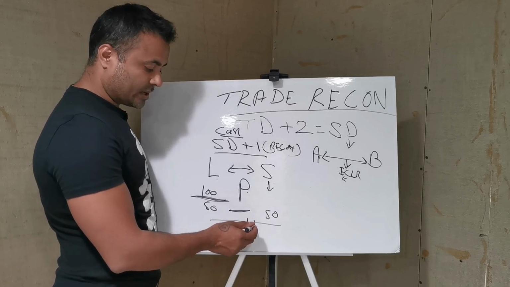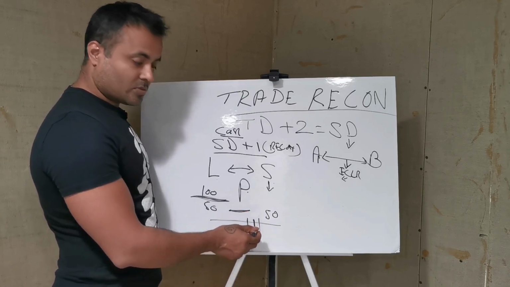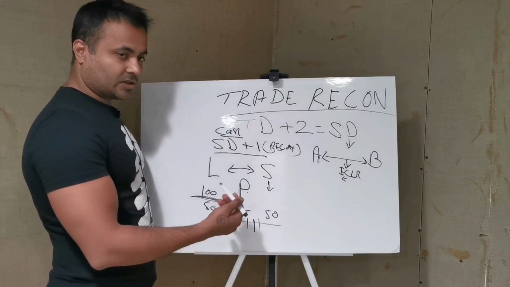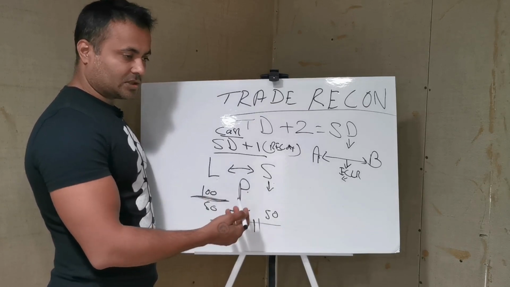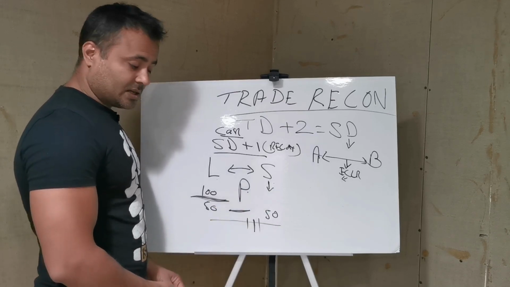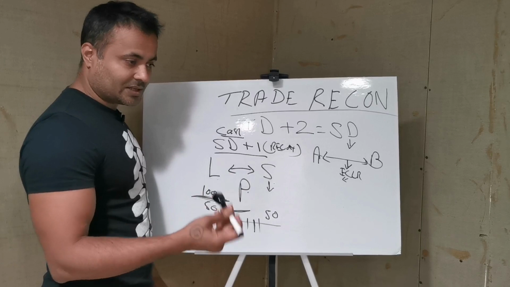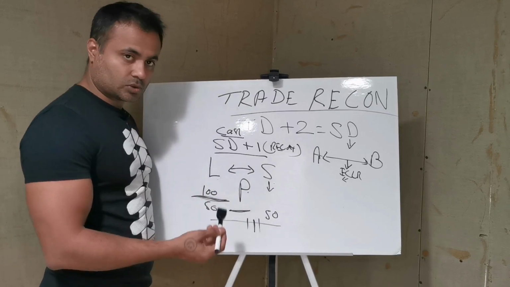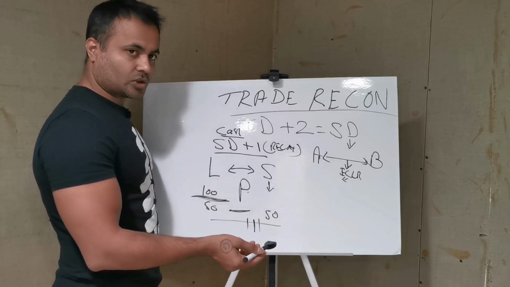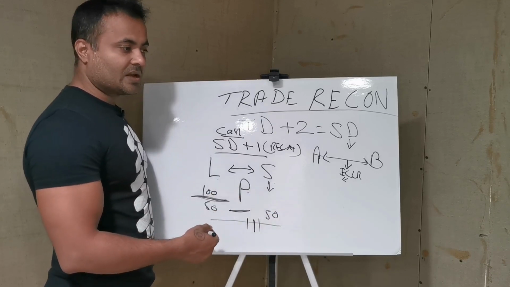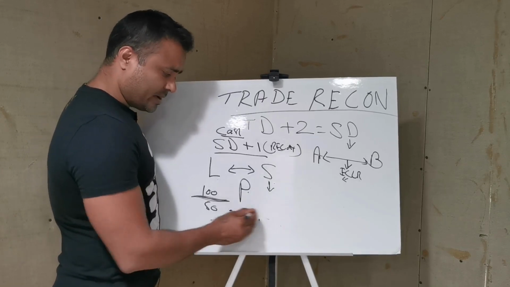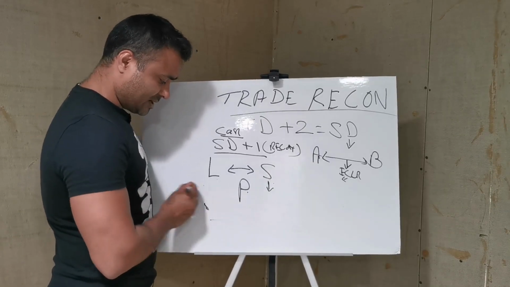You cannot keep holding, saying, okay, tomorrow I'll get 50 shares, then I'll match both the entries with the exact value. No, you need to clear your break with whatever you're getting in. And for the remaining shares, settlement, the middle office and the desk will work on settling that trade. When that trade settles, you will match those instructions when you get the statement from the clearing agent. That's how it works in trade settlement.